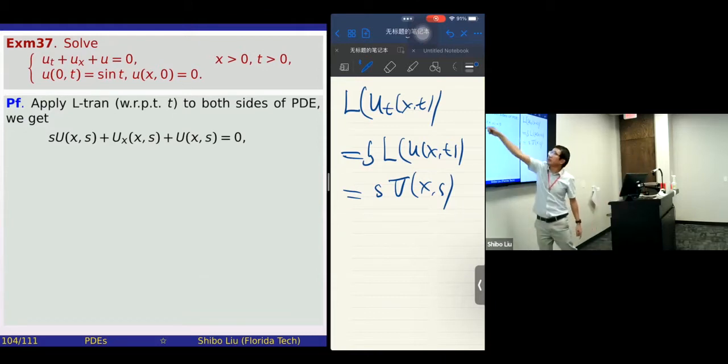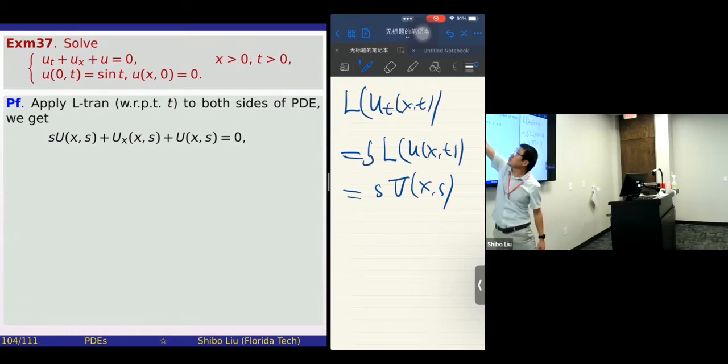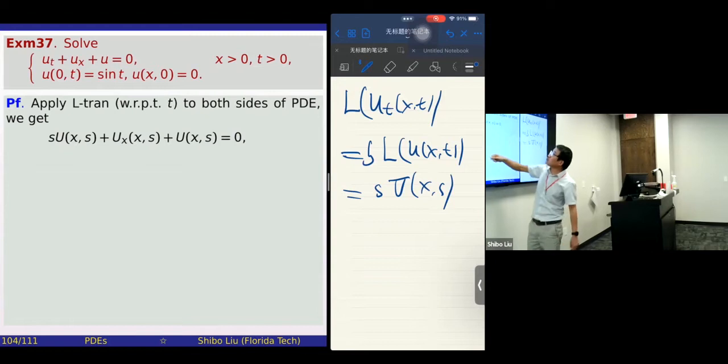We already applied it. So anyway, s U is the Laplace transform of u_t, and the Laplace transform of u_x is U_x(x,s). I will explain this later. This is also crucial. Then the Laplace transform of u is our capital U here. Then the right hand side is 0.